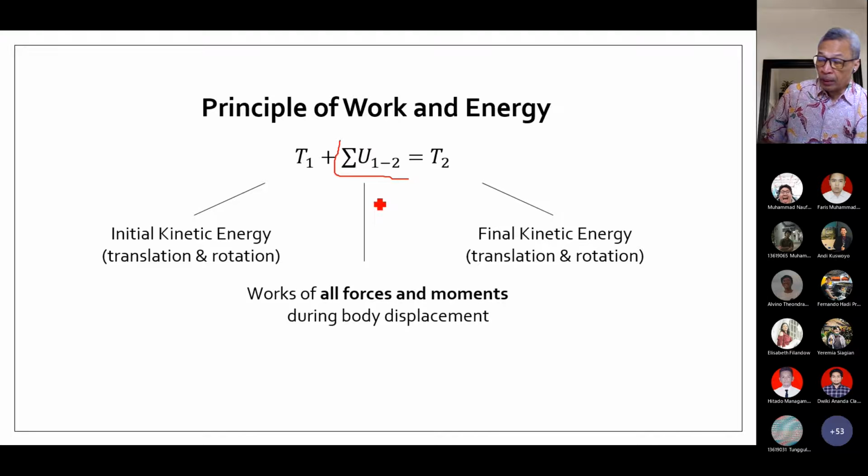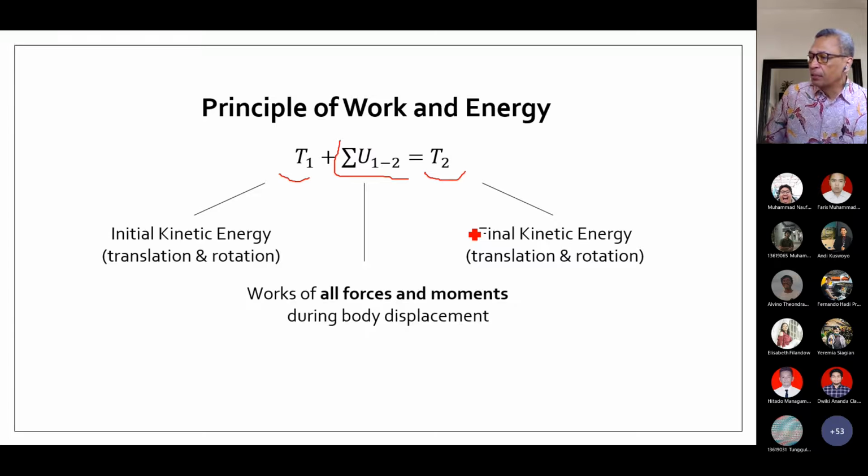You can use this equation and calculate the work done by just force, any moment, including force from gravity and force coming from a spring. You put all those works at this position, and when you know the initial kinetic energy of the system, then you will obtain the final kinetic energy of the system in translation and rotation for the rigid body.